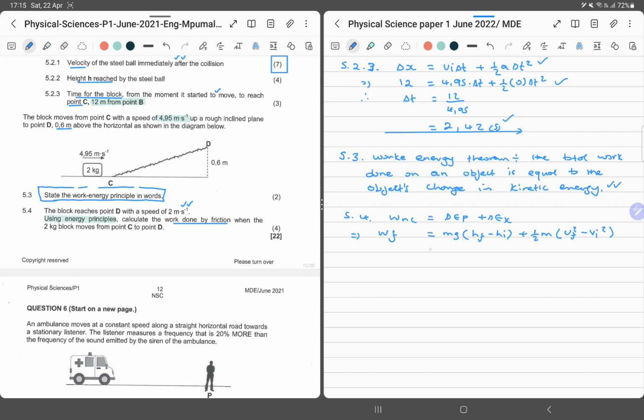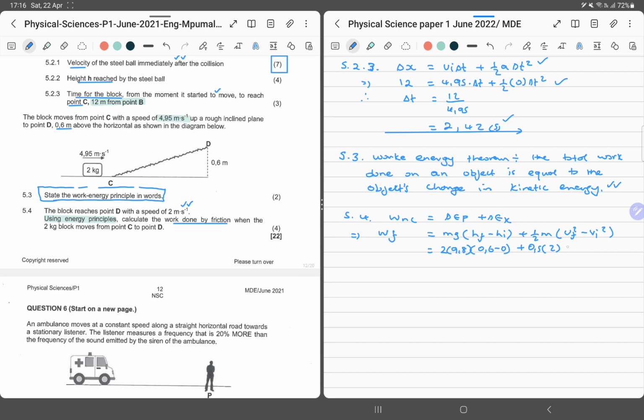This one can get a bit hectic. So what is the mass of this object? It is 2, times 9,8, times, what is the height there? Basically the final height is this 0,6 minus the initial, there was no height, so it's 0, plus half, let's just write 0,5 instead.